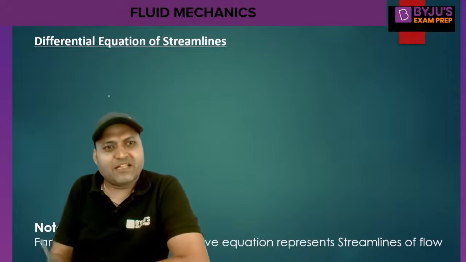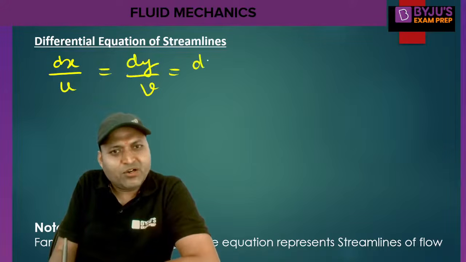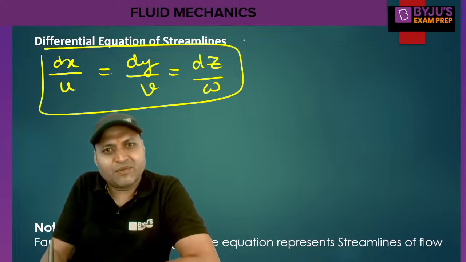So we define the differential equation of the streamline, that is given by dx by u is equal to dy by v is equal to dz by w. This is the differential equation of the streamline in three-dimensional flow.